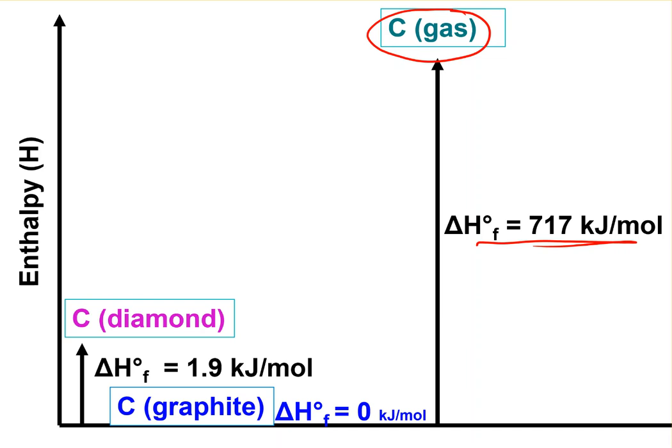It's unstable. Remember, on this energy diagram, you can think of enthalpy as energy. Up high is least stable, and down low is more stable.